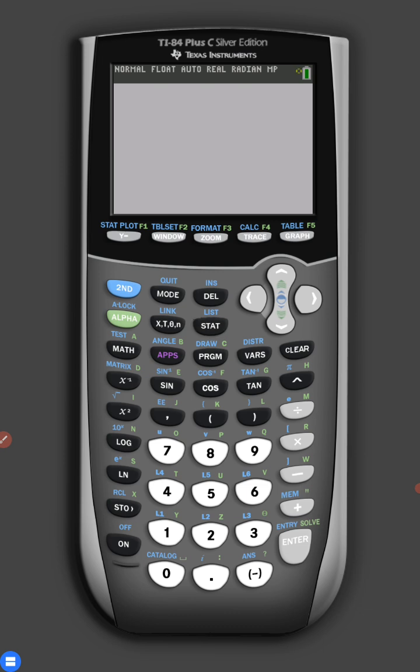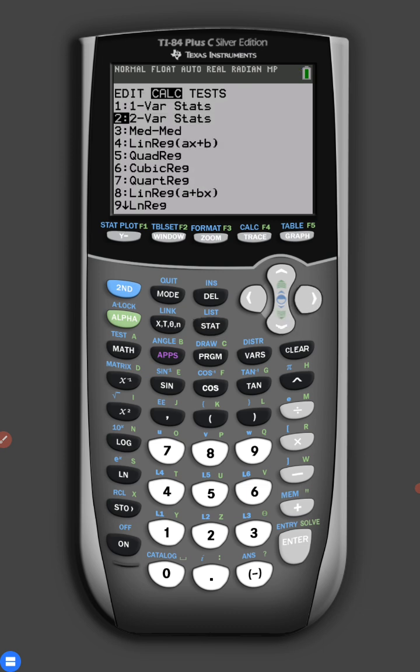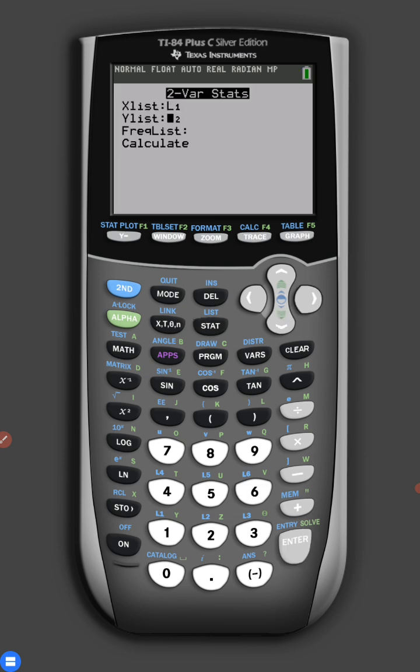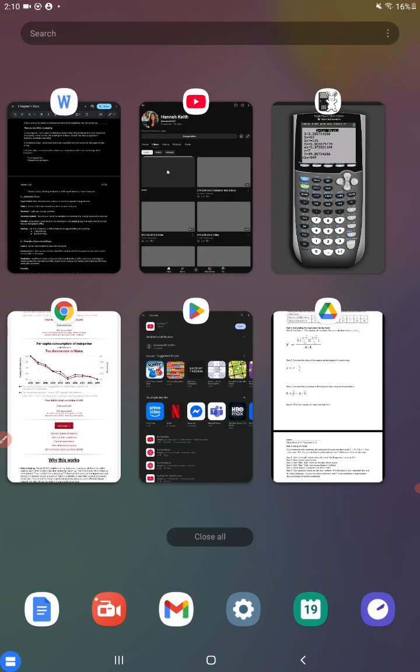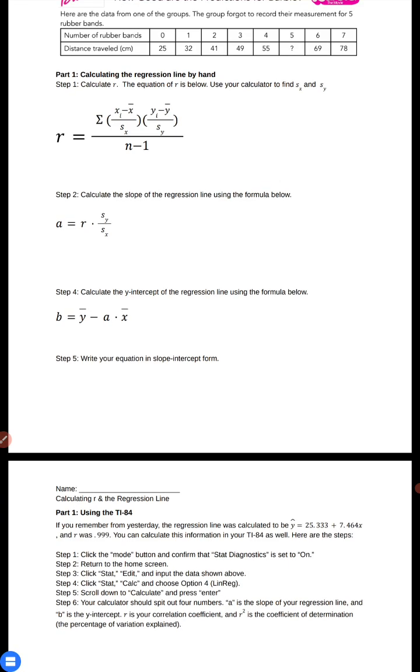Okay, so let's go back to 2 variable stats. Enter, enter, enter. And let's see here, the mean for x is 3.286. And the mean for y is a little over 49. So we're going to plug that information into our equation.